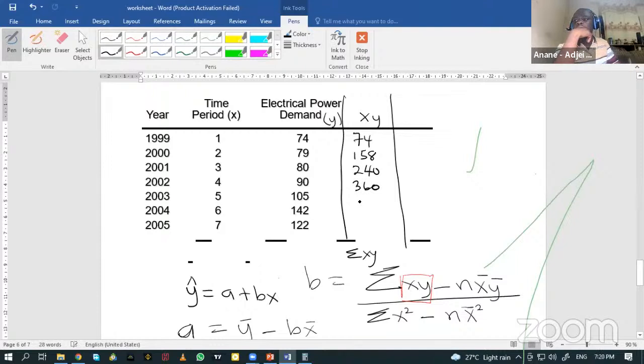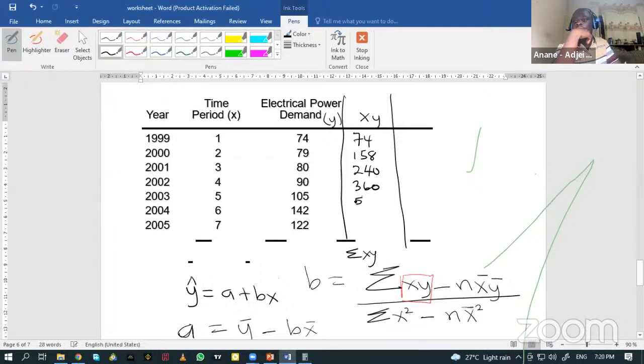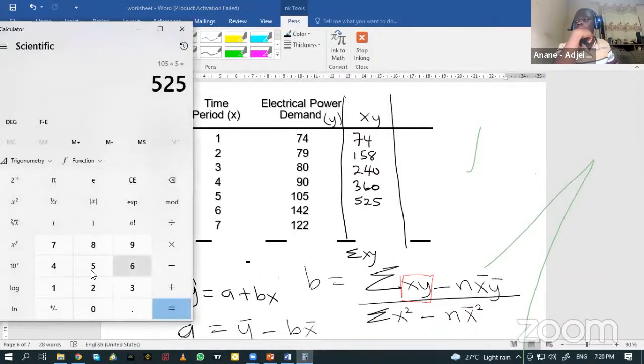Then 105 multiplied by 5, that is 525. Then 142 multiplied by 6.